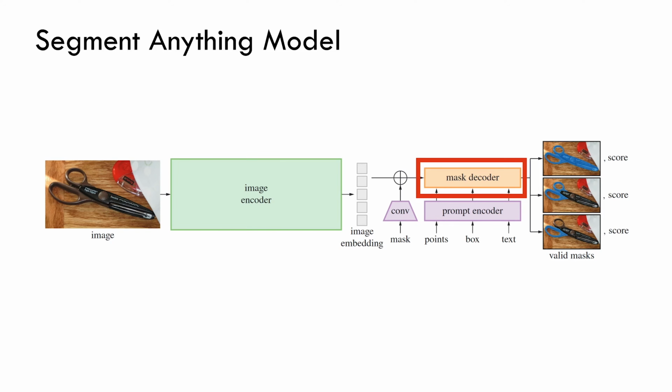Then we can do multiple prompts, so we can save the image embeddings, and then we just change the prompt embeddings and run them through the decoder to get the new masks. This means that the image encoder can be powerful even if it's slow, but the mask decoder has to be lightweight and fast. The same goes for the prompt encoder, and this is actually the case, which is why we could use it in my browser in a reasonable time.